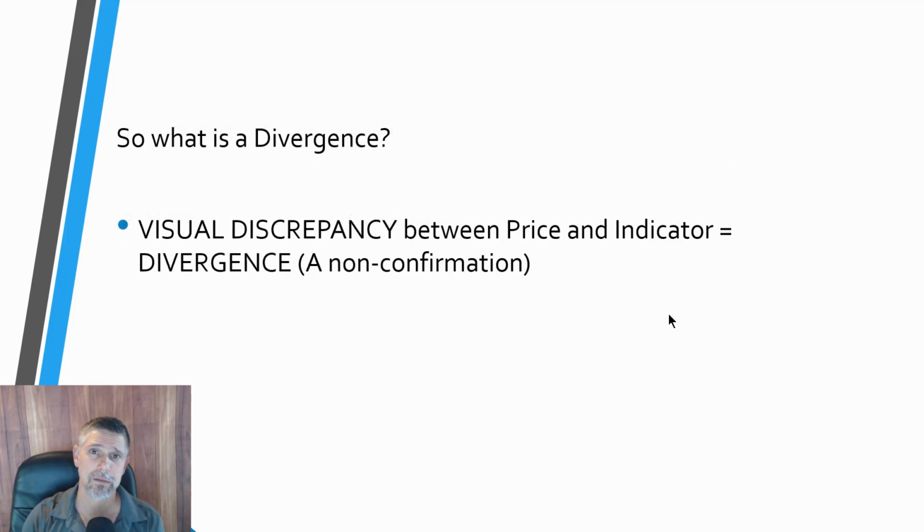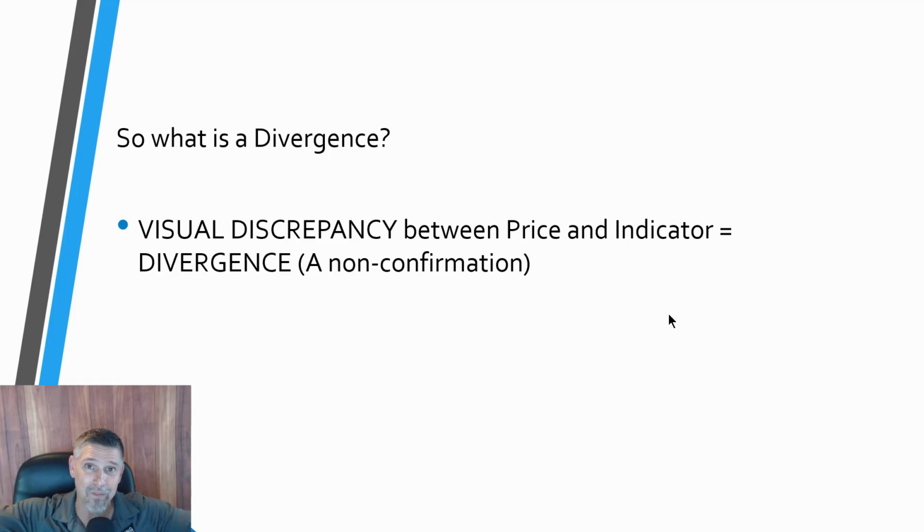So, what is a divergence? If we got a convergence, what is a divergence? Well, it's a visual discrepancy between price and an indicator. It's a non-confirmation. I'm going to show you some charts in a minute. Do not worry, okay? But that's what a divergence is. It's when it's out of whack, right? There's a discrepancy. Remember, we're expecting price and the indicator to be moving in trend, or in sync.